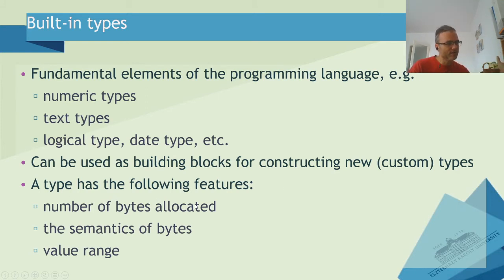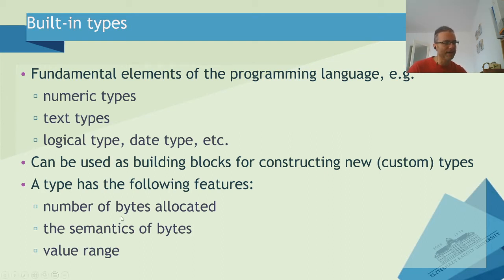Whatever type you use, there are important features you have to keep in mind. For example, if you want to store a value, a number, you should know how many bytes it uses. Every data is stored in the memory of your computer, in the RAM, and you should know how much space your data allocates.